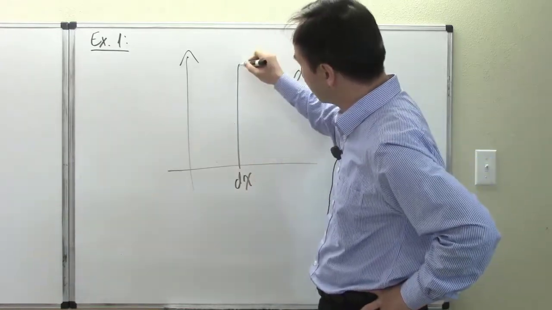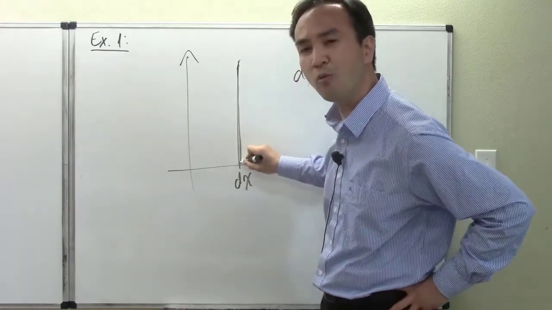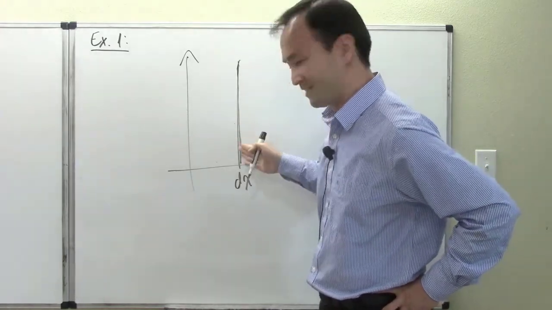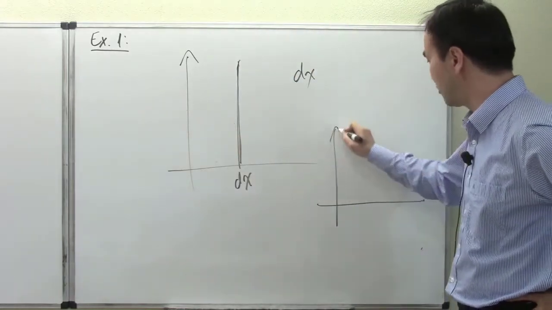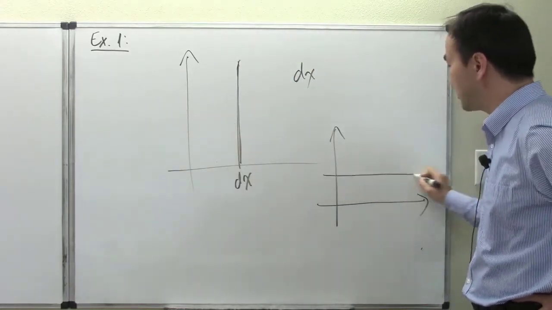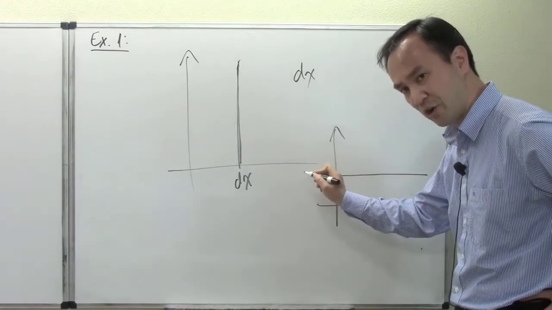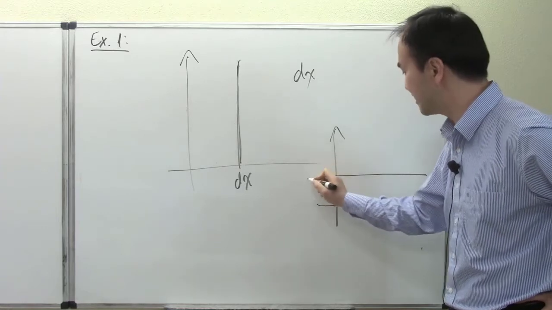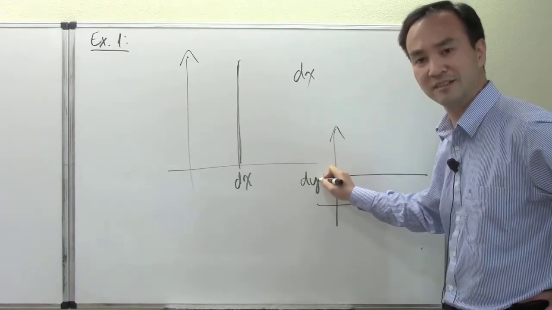That also means the same as asking: are we choosing to go with vertical stripes, or in that same region, are we going with horizontal stripes? Because, as I explained in the general discussion earlier, horizontal stripes will produce dy as the thickness.